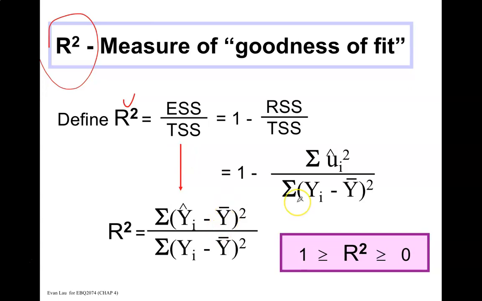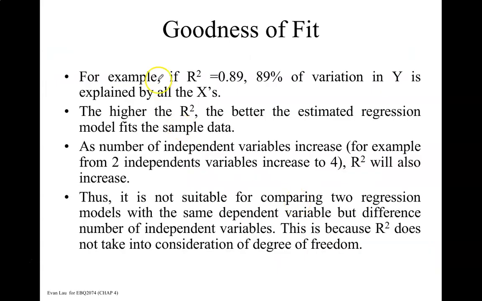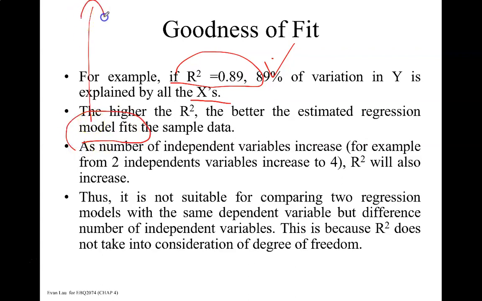So this is the formula to calculate it. How to interpret? If R squared is 0.89, it means that 89% of the variation of Y is explained by X. The higher the R squared, the better the estimated regression model fits the sample. This is goodness of fit. The higher, the better the fit. The lower, not so fit.